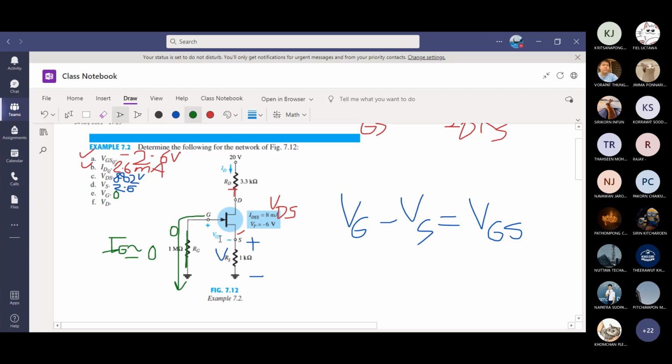VD is not the same as VDS now, because now you have a resistor between S and ground, so it cannot be the same as VDS. I got 11.42 volts.